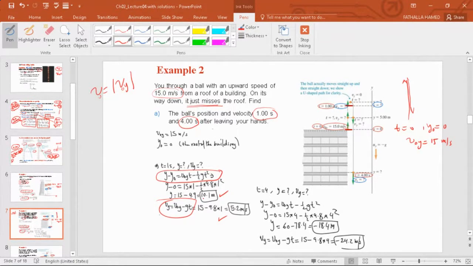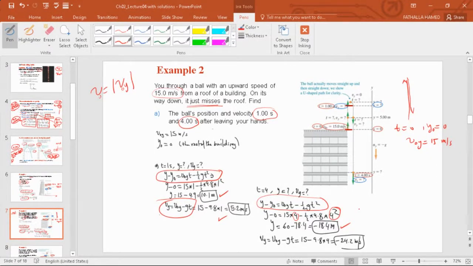At 4 seconds now, you're going to use the equation for the position, but for the time, you're going to substitute in 4. So it's 4 for t, 4 squared for t, and it gives you here minus 18.4 meters. So after 4 seconds, you are 18.4 meters below the roof of the building.